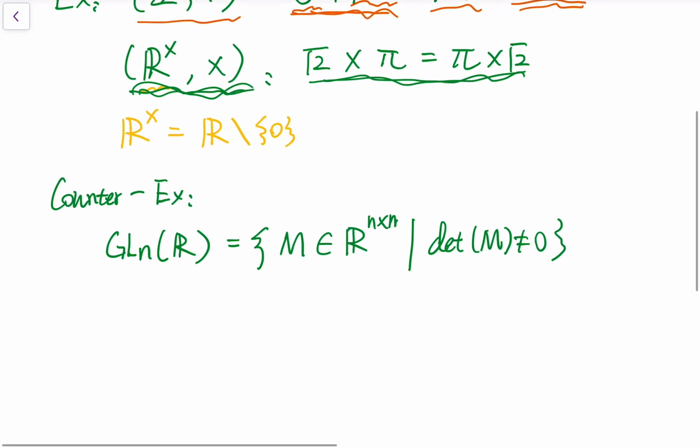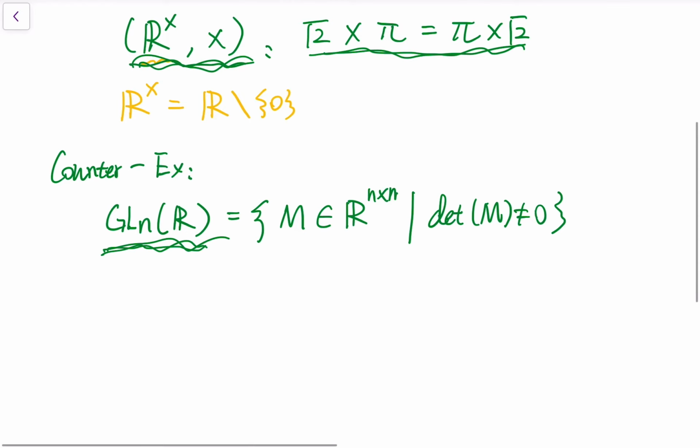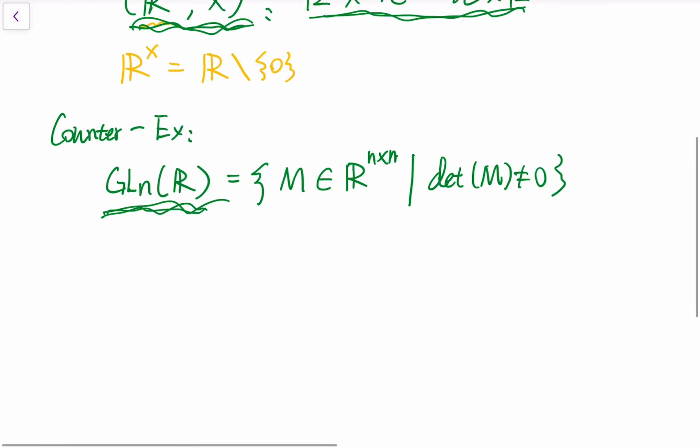This group only considers those elements, a subset of all the matrices. This group is actually not Abelian. We can take an example to show that.